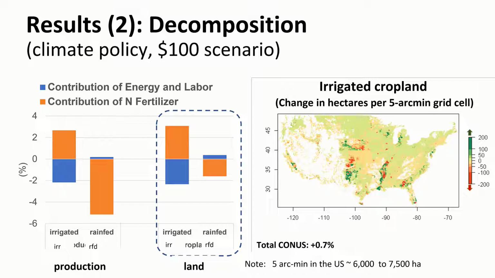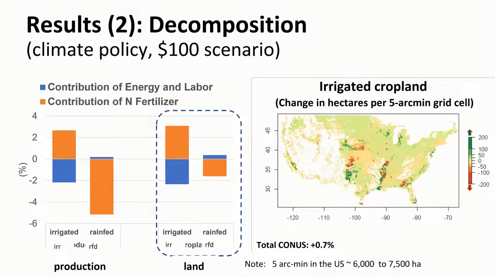And the fertilizer, it's the other way around. Because you don't have all those irrigation costs, the fertilizer is a larger share of rain-fed production, and so it favors irrigation. So the two tend to offset one another in the aggregate. When you look at the gridded results, that is only at the aggregate level.